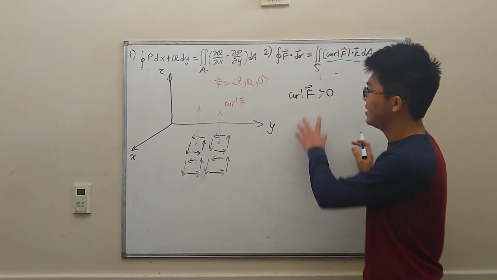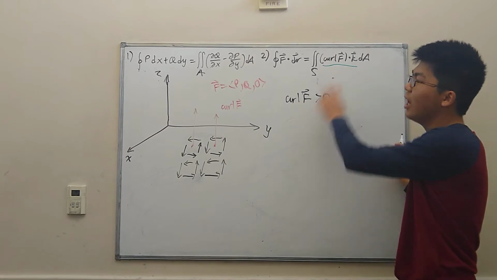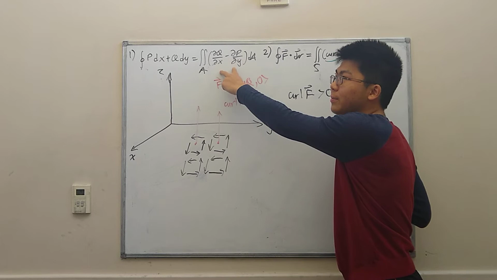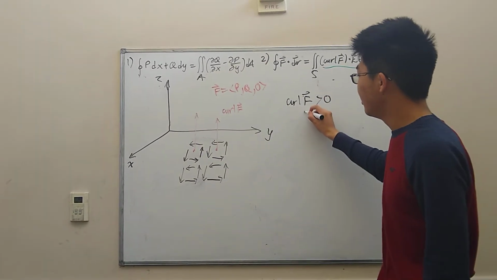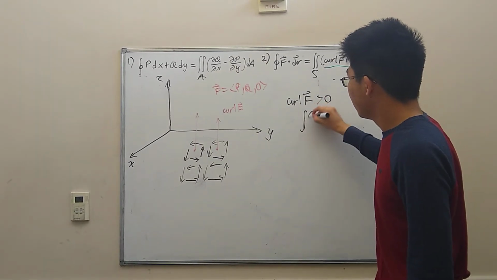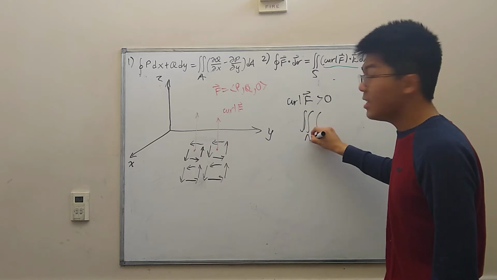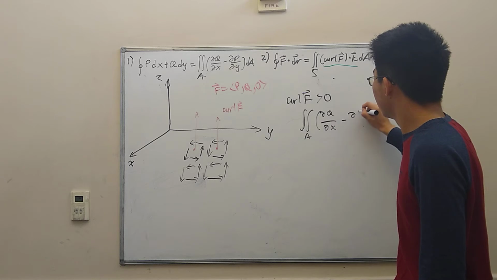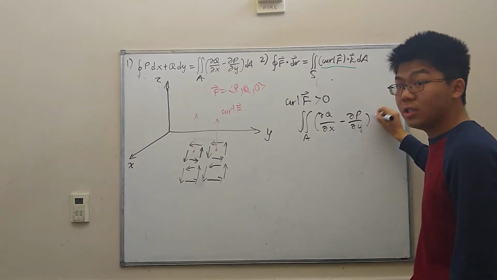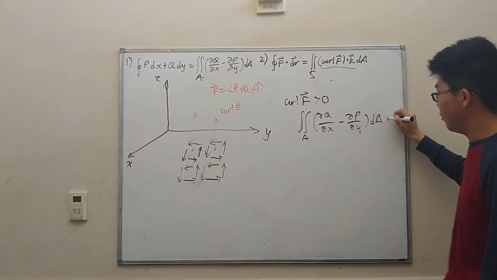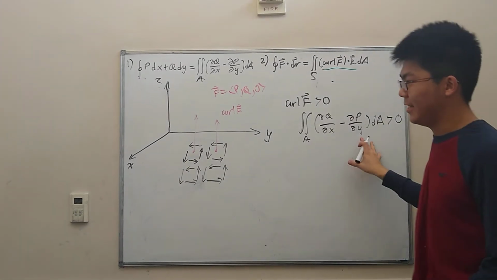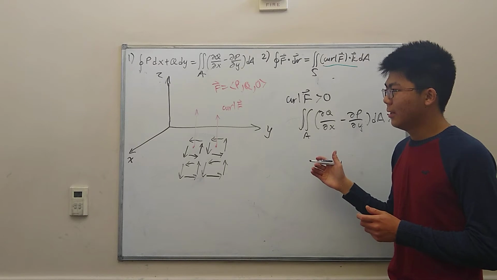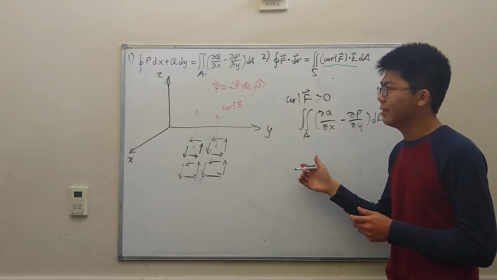So that means when you sum up the curl dot the k vector, or in this case the derivatives, they're going to be positive. And so this expression right here is also going to be greater than 0. Alright, we've seen this. Now, this is your curl of f.